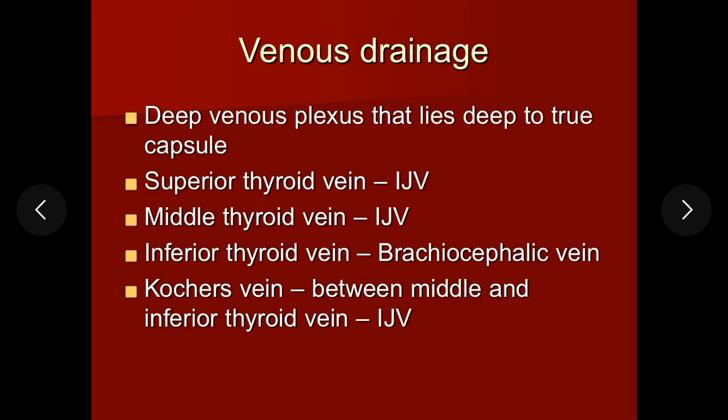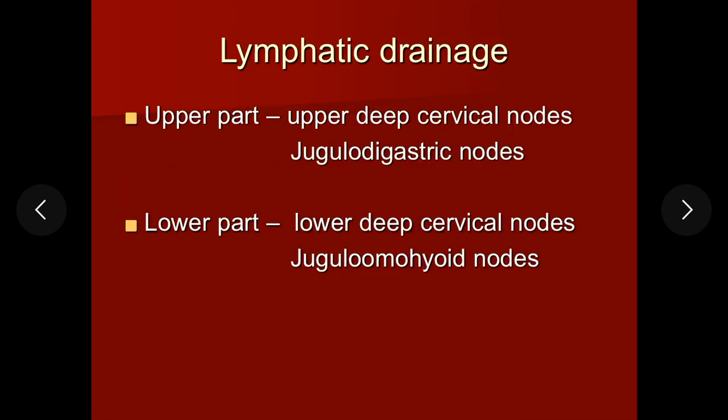And in addition to that, you find one more vein termed the Kocher vein. This Kocher vein will be present between the middle and inferior thyroid veins, and that will also drain into the internal jugular vein. So all the three, superior, middle and Kocher, will drain into the internal jugular vein, and the internal jugular vein is draining into the brachiocephalic vein. So with that we finish the venous drainage.